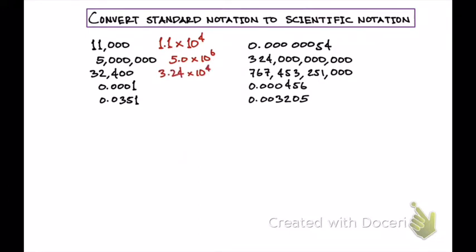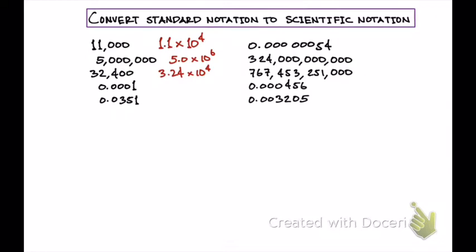Next, the next three numbers are numbers less than 1, and so you would expect them to have a negative exponent. So 0.0001, the coefficient would be 1.0, and in order to move that decimal point to 1.0, you would have to move it 4 places to the right.